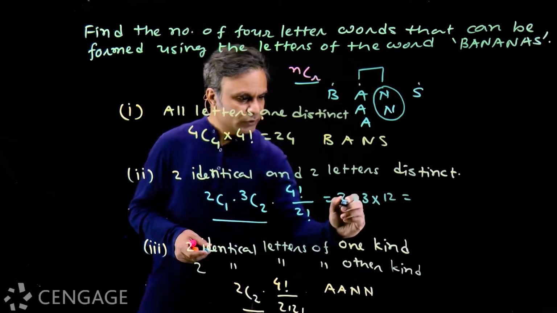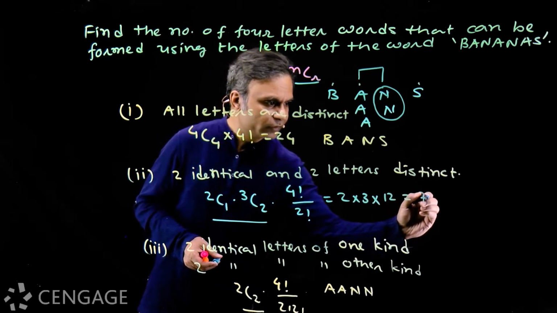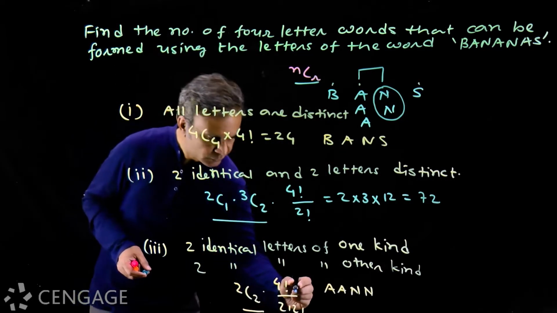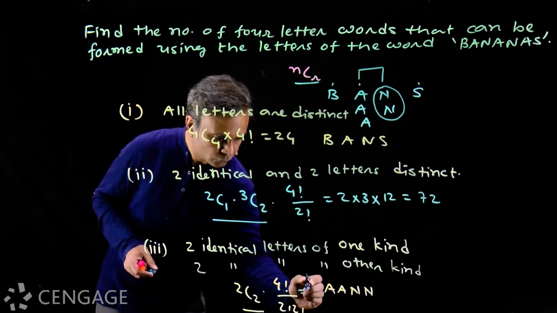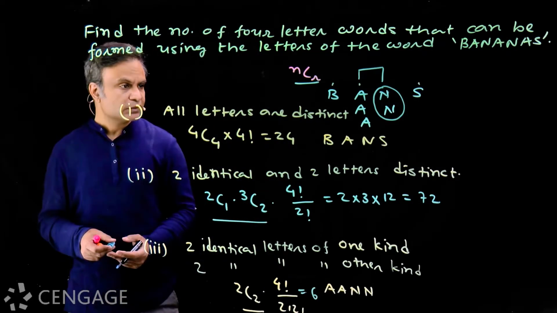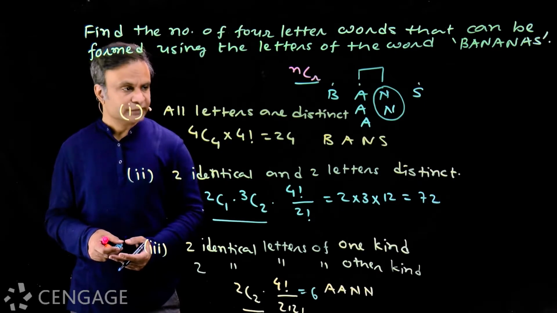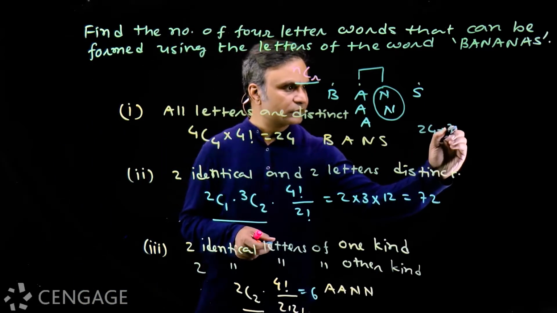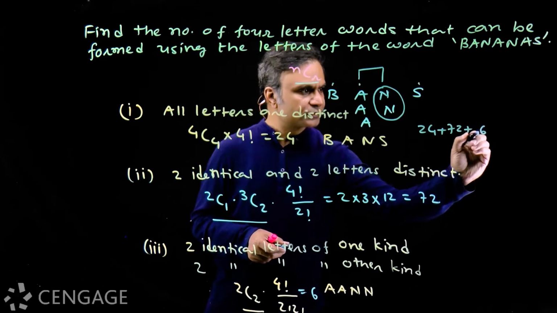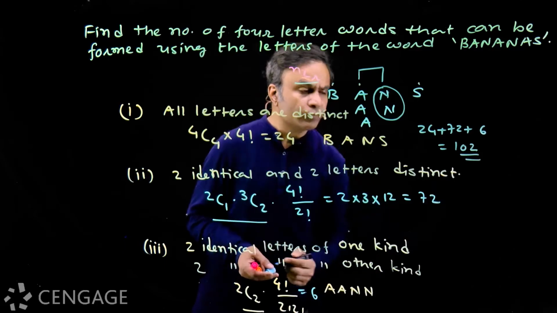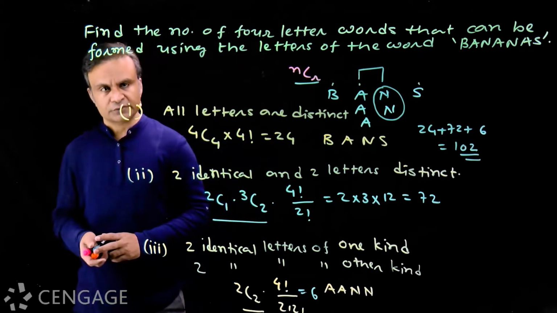So this is 6 multiplied by 12, 72, and this is 24 upon 4, 6. So total number of words of 4 letters that can be formed is 24 plus 72 plus 6. This is equal to 102. We can form 102 words.